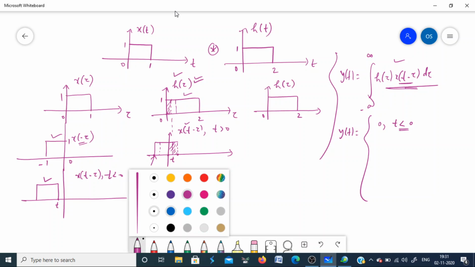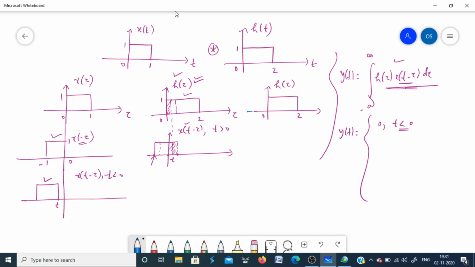And your second function, that is x of minus tau, is 0 to minus 1. Now I am shifting this function to the right by some time t. So it may be shifted by this much time. Suppose it goes to here. It means one window is fixed, the other window is basically sliding to the right. Then it may go like this.